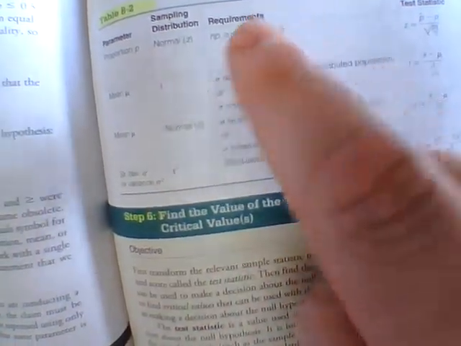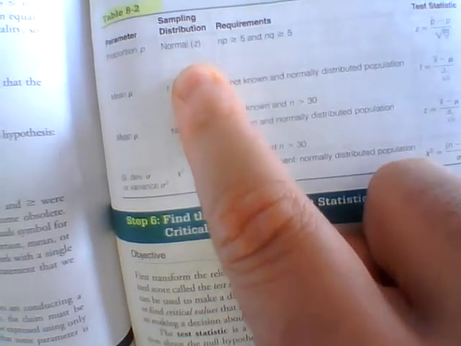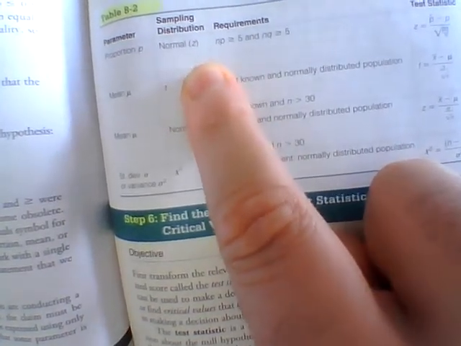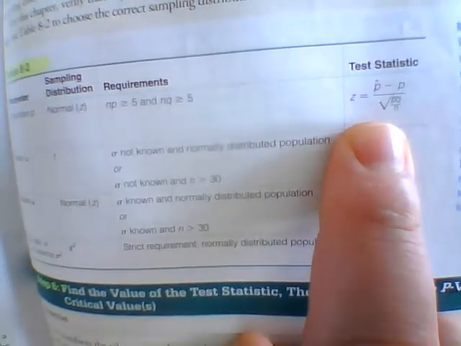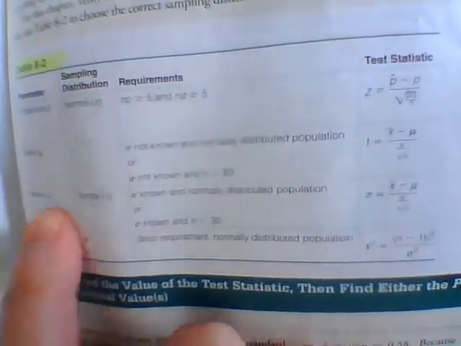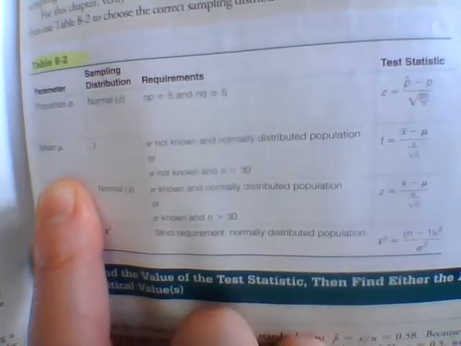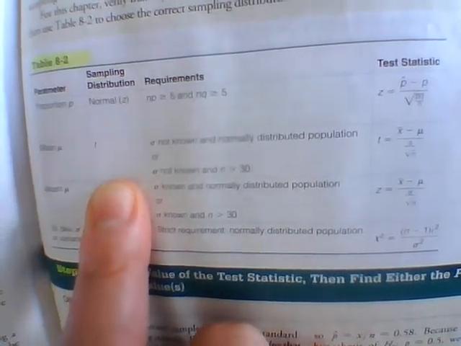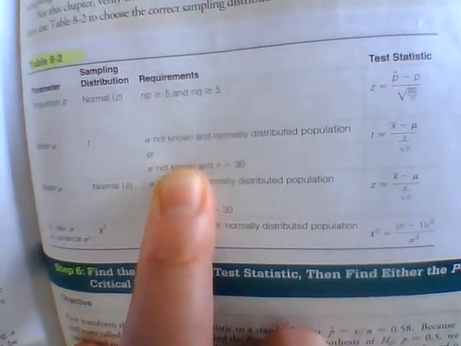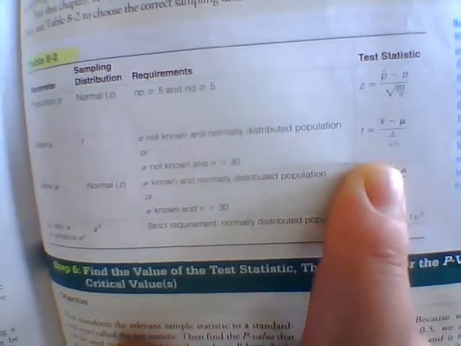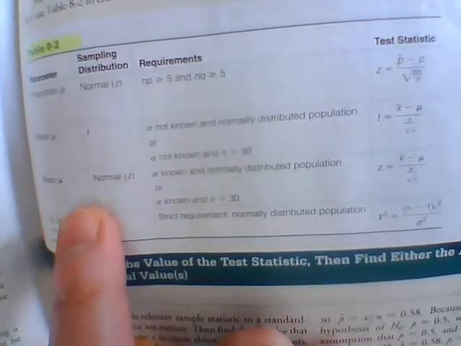So once again, if we're doing a population proportion, P, we're relating it to our Z, once again our requirements, and then we have our test statistic over here. If we have population mean, once again t-test, if we don't know that standard deviation, and then we have that test statistic value here.